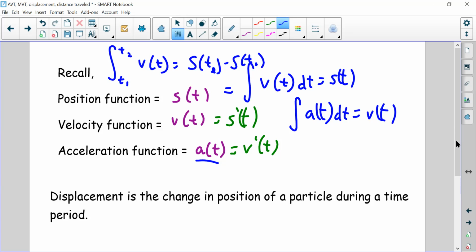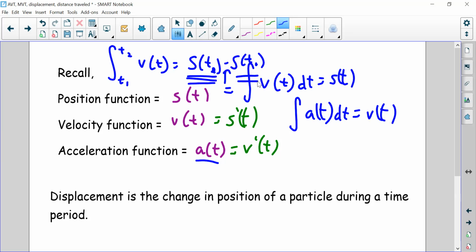And then I go back and end up here at the end of time. How would I figure out my displacement? It is my ending position here, minus my beginning position here. You agree with that? My ending position minus my beginning position.